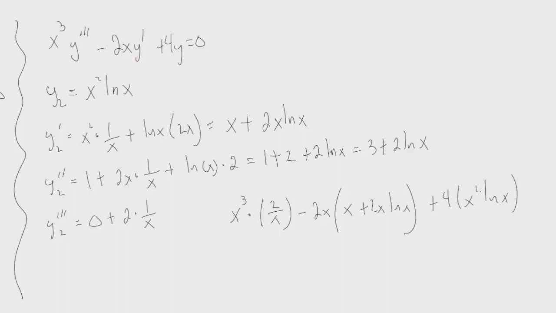That is going to give me a 2x squared at the beginning, which is going to cancel out with that other 2x squared. Then we've got 4x squared ln x plus 4x squared ln x. So far we look pretty good.